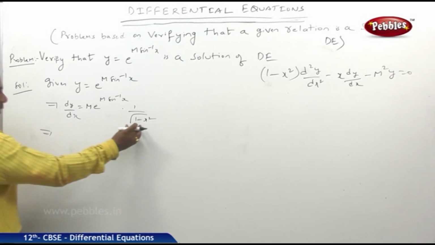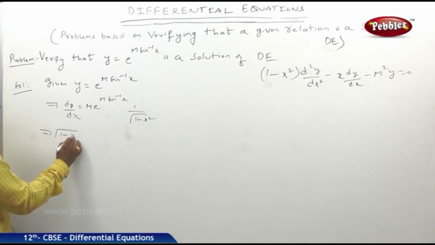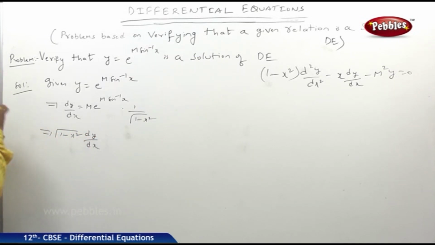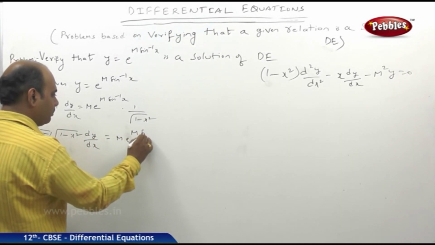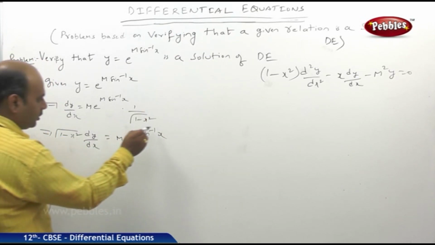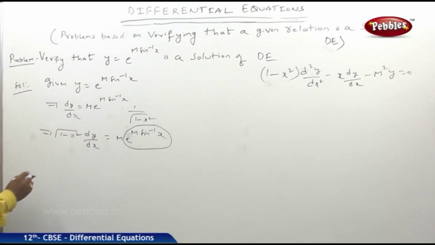Later, this root of 1 minus x square I will shift to the left hand side. So root of 1 minus x square dy by dx is equal to m into e power m sin inverse x. But if you observe carefully, e power m sin inverse x is nothing but y.